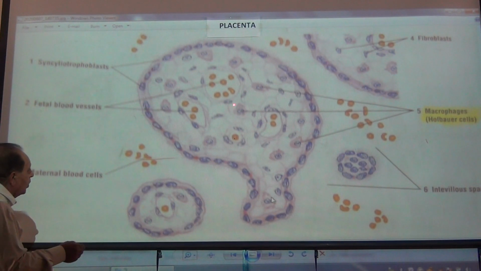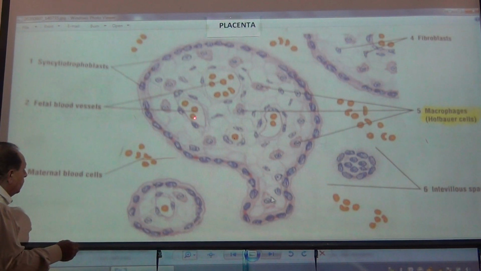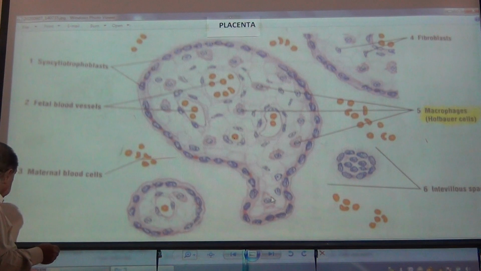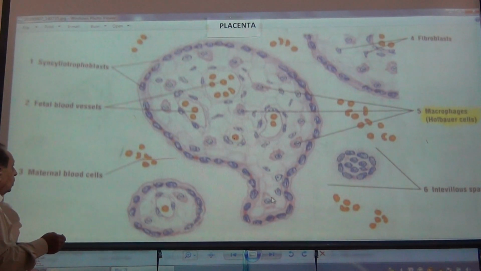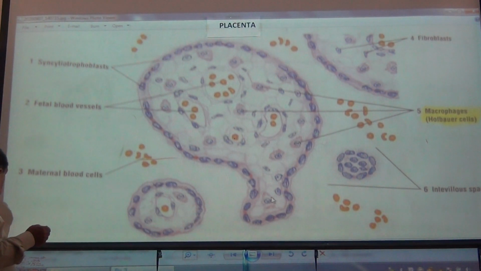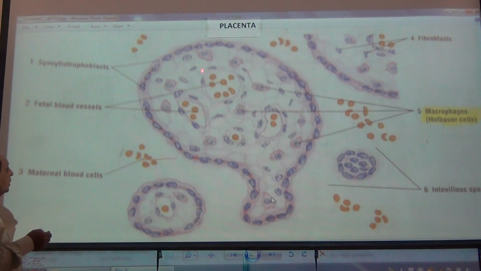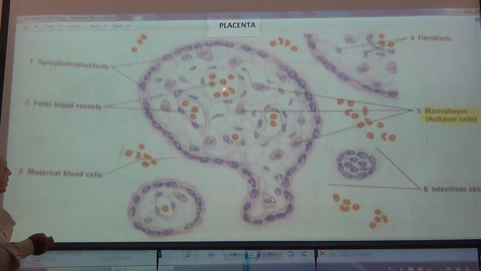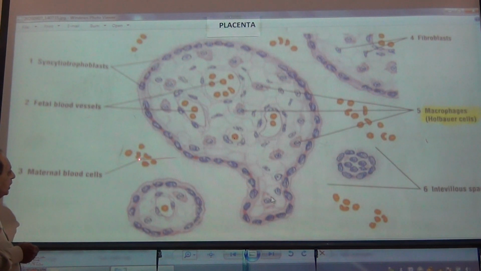So from the fetal blood vessels, carbon dioxide, hormones and water pass to the maternal blood.